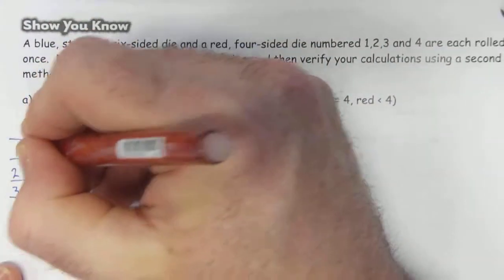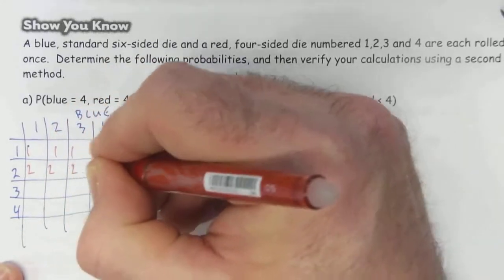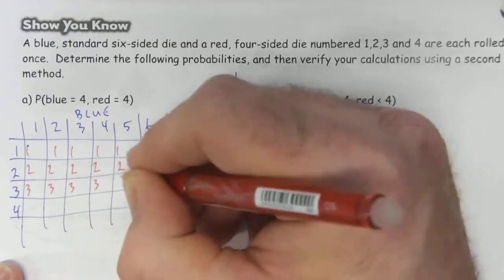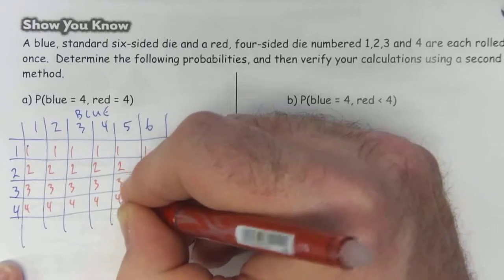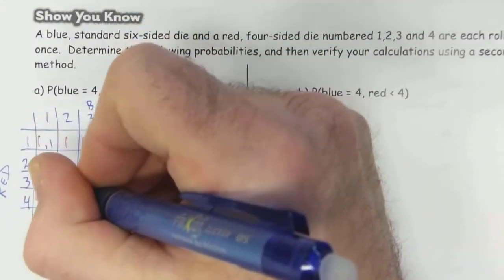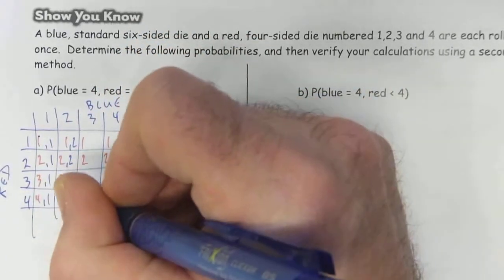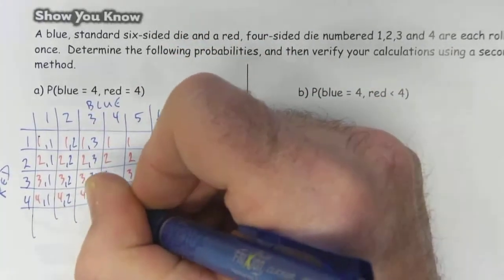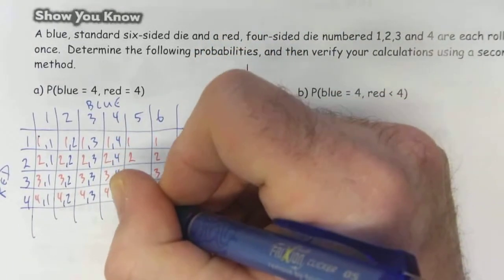I'll use colors. If you happen to have colored pens or pencils, it will help you in deciphering the differences between the two digits.